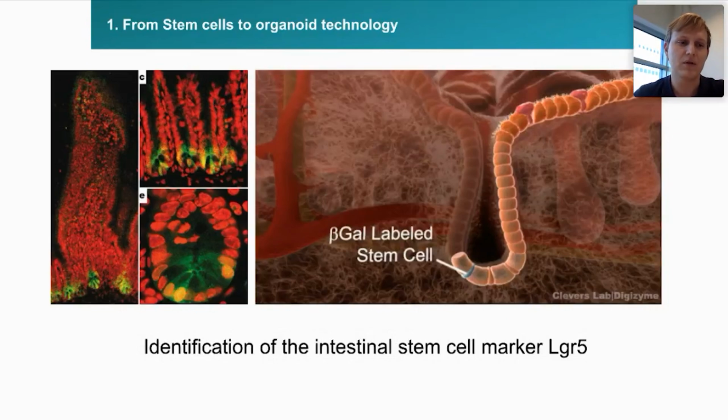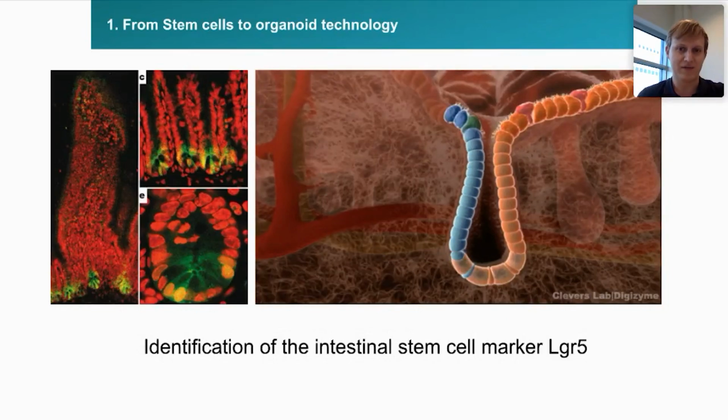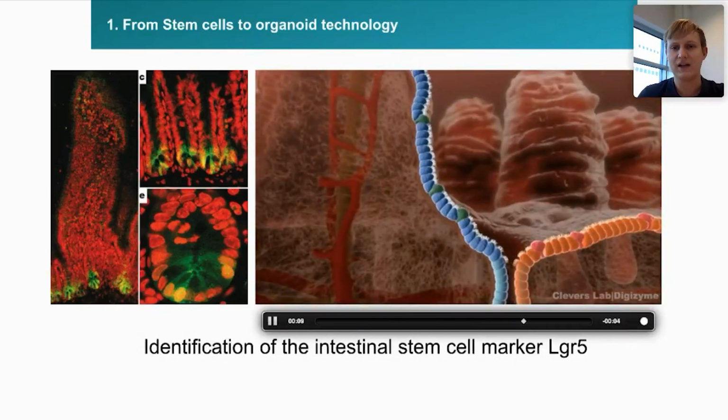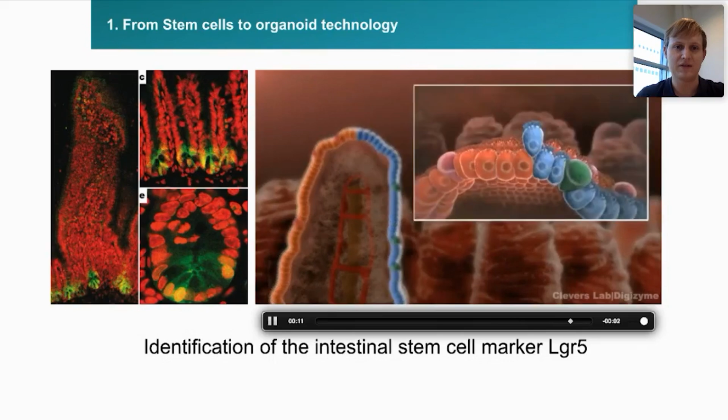It was already known before that this bottom part is the origin of cells, but the identification of a marker that specifically labels these adult stem cell compartments was a very big step. It was found using a very elegant set of experiments showing that these cells labeled here in green can produce all the other cell types that you find in the intestine till the very tip of the villus.